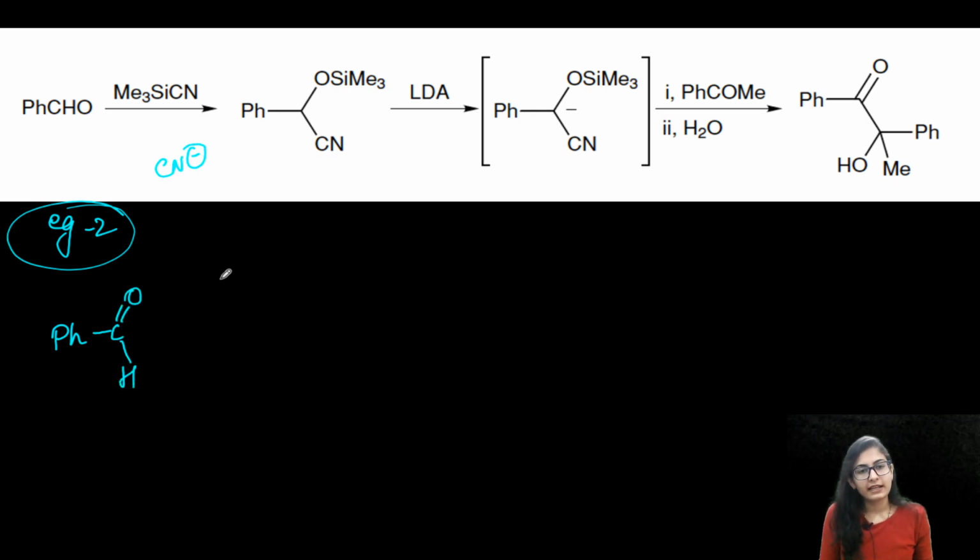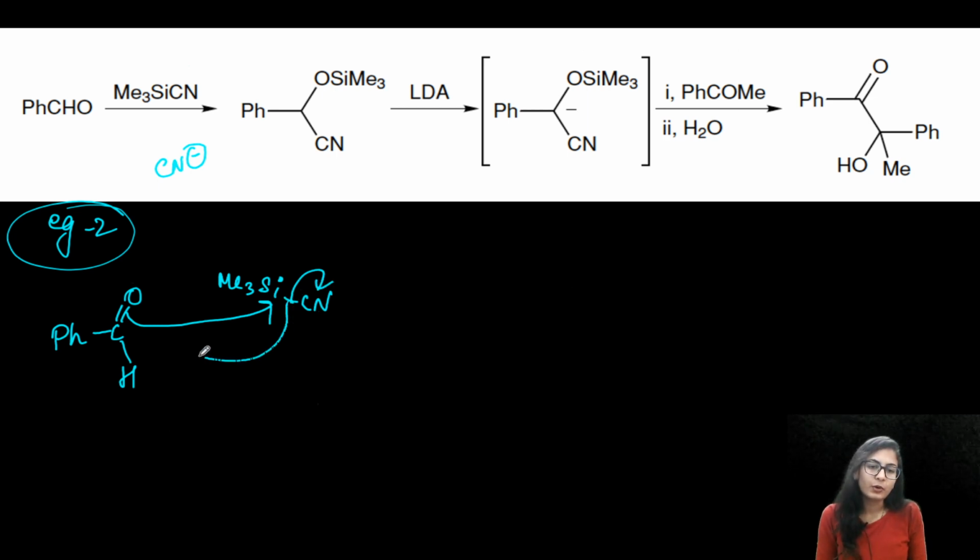This is the aldehyde once again, trimethylsilyl, and this is the cyanide. So you know that oxygen has huge affinity for silicon, because we have seen this in the Brook rearrangement, we have seen this in the Peterson elimination reaction. Alright, and the bond is going to fall over cyanide, or let's say I can directly make the bond attack over this carbon also.